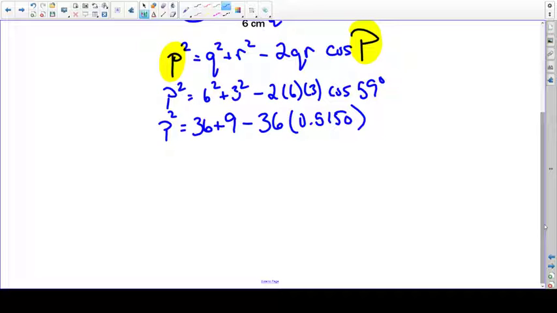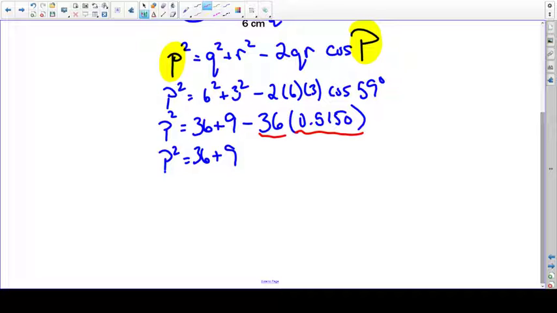As a matter of fact, while I just wrote down 0.5150, I've maintained all decimal places on my calculator. I suggest you do the same, because what we're then going to do is turn around and multiply 0.5150 by 36. So if you still have that whole number on your calculator, take that big number and multiply it by 36.